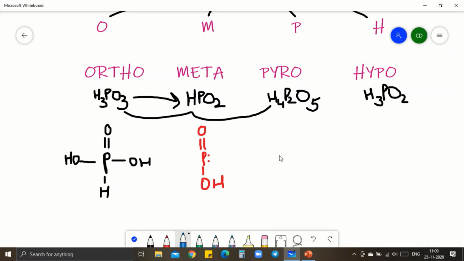Coming to pyro, there are two phosphorus if you clearly observe here. So one P double bond O, another P double bond O. And same OH, and one OH for this phosphorus atom also.